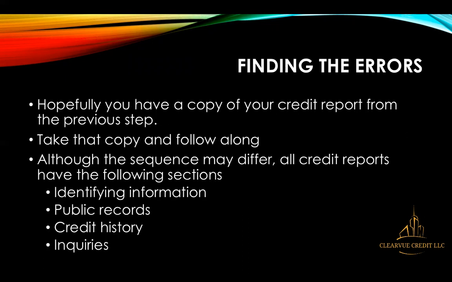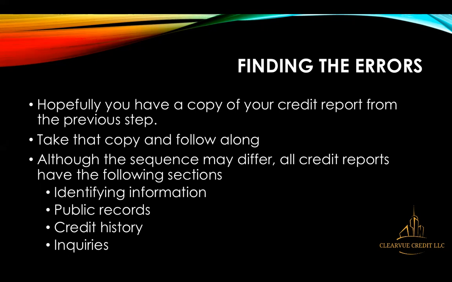Now, how do we find the errors? Hopefully, you have a copy of your credit report from the previous step. Take that copy and follow along. If you don't, you can visit places like annualcreditreport.com, where you're entitled to a free copy of your credit report from each bureau once a year.